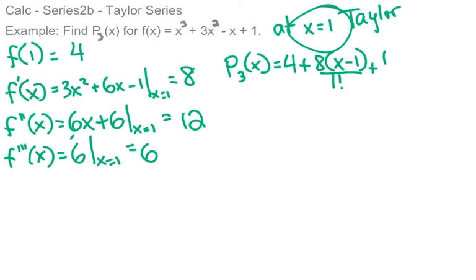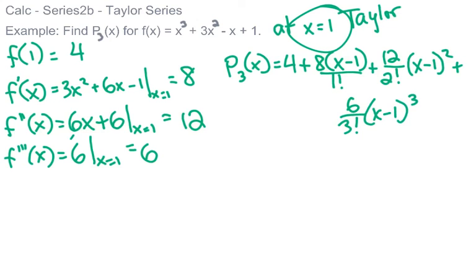And then we have 12 over 2 factorial times x minus 1 squared. And you could probably fit it, but I can't right here. We have our final term is 6 over 3 factorial times x minus 1 cubed. So that officially is our third order polynomial.